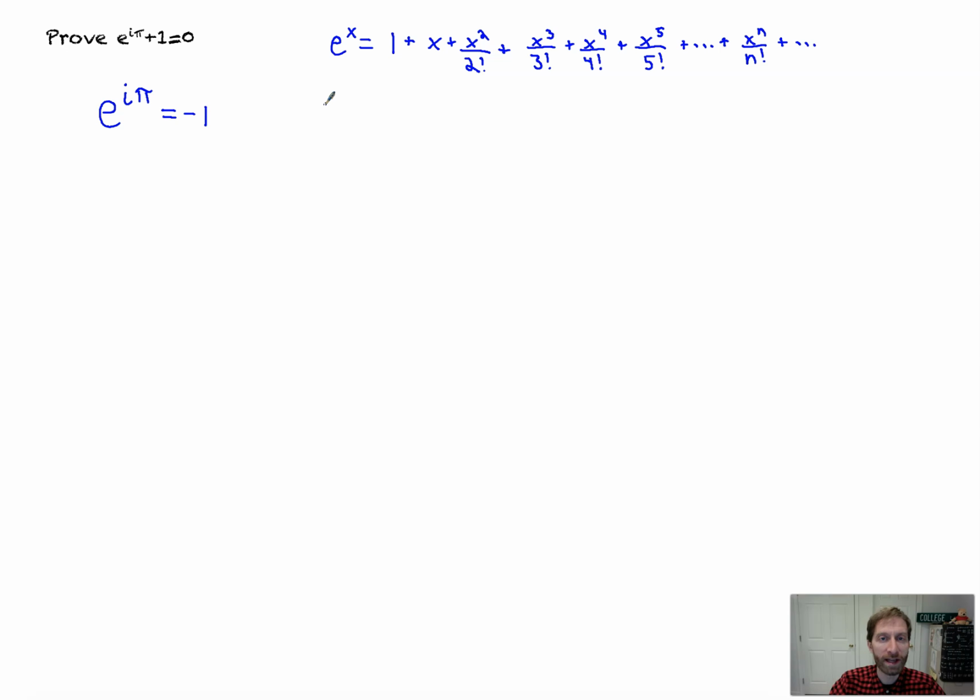So I'm going to now take that and write it as e to the ix. So how do we evaluate ix, and why are we doing that? Because this is essentially i times pi. You could also just plug i pi right into this, but I'm going to do it as e to the ix, in steps.